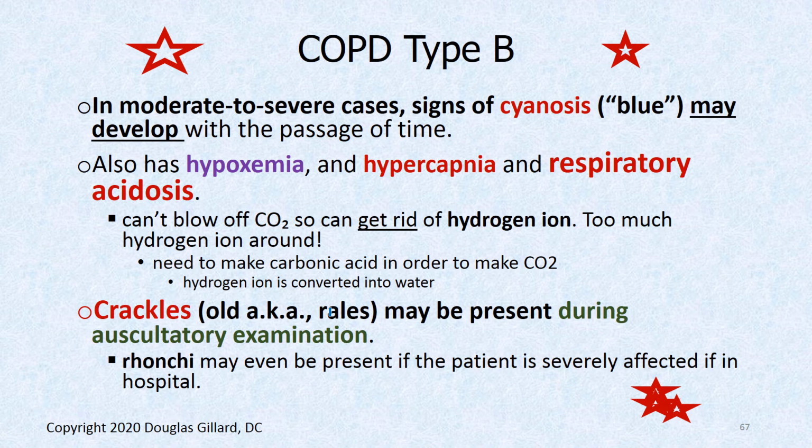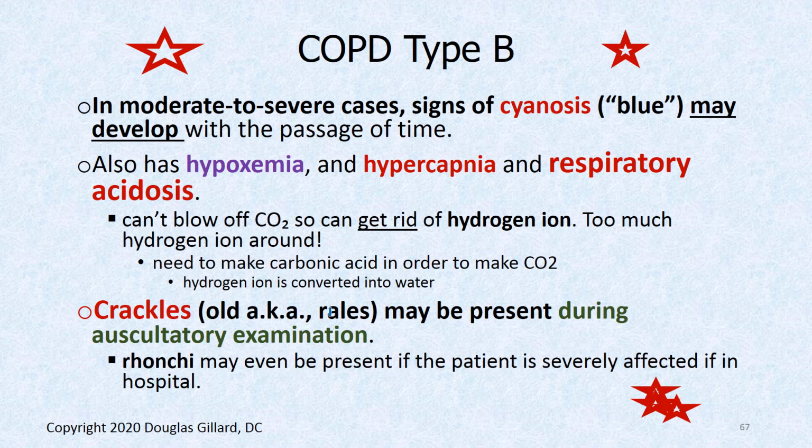They can't oxygenate. They can't exchange gas. So therefore, they get respiratory acidosis. They have hypercapnia, that's increased levels of CO2. Hypoxemia, that's decreased levels of oxygen, and respiratory acidosis.